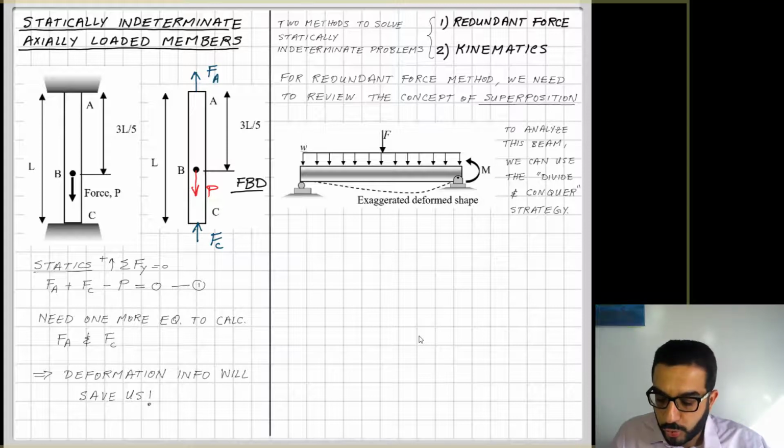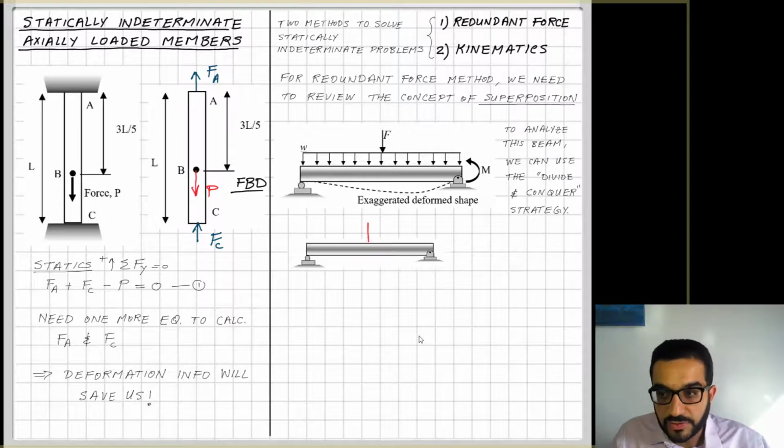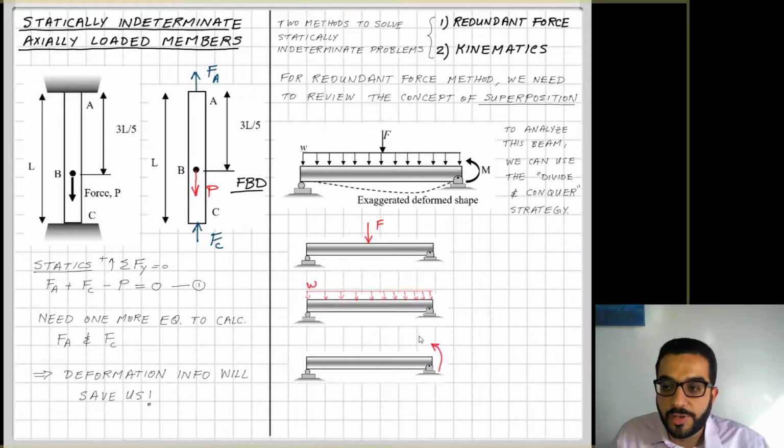To analyze this beam and figure out anything I want about it, I can apply the divide and conquer strategy. I will copy this beam and apply to each copy the different loads I have independently.